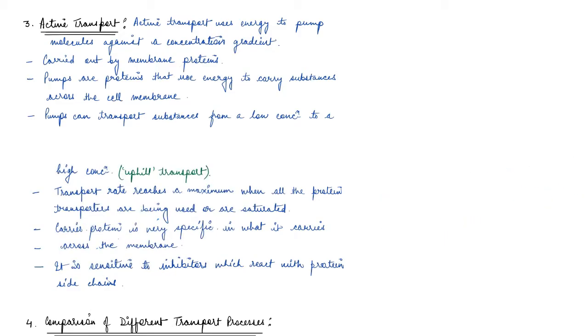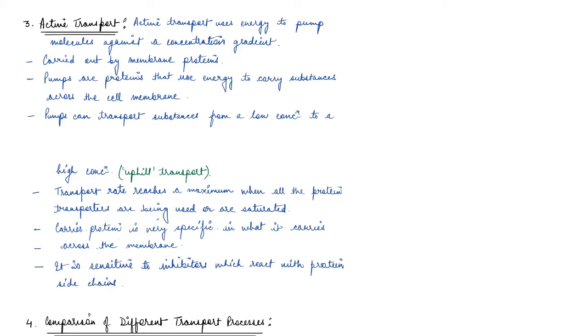So what is the difference between diffusion, facilitated diffusion and active transport? Diffusion and facilitated diffusion do not require energy, but they always work along the concentration gradient. Here in active transport, you use energy and you move the molecule against the concentration gradient.